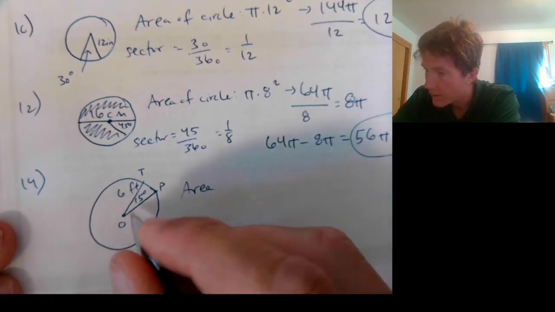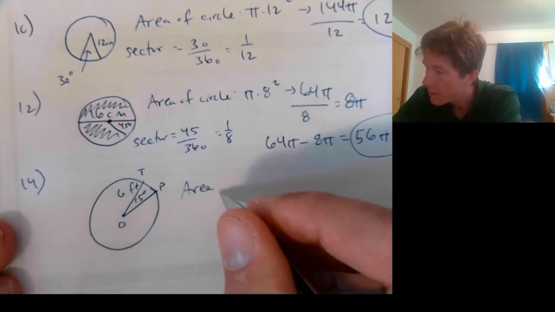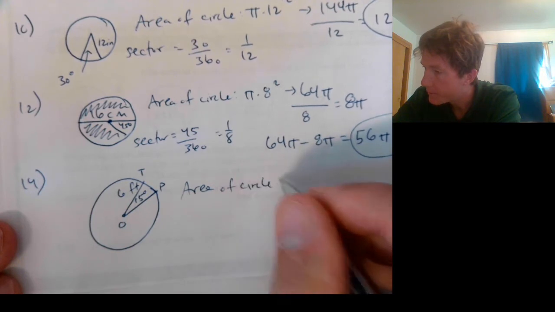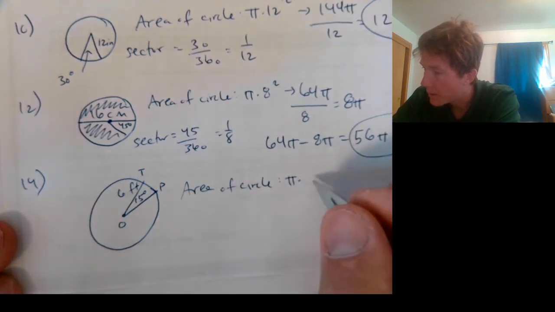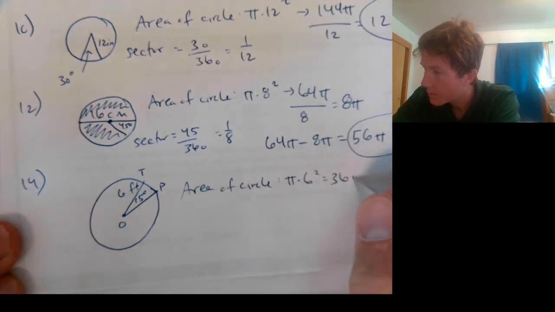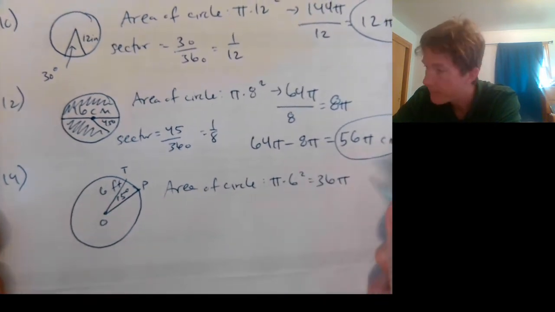And we want to find the area of this sector. So first I need the area of my circle. That'd be pi times 6 squared, so 36 pi feet squared.